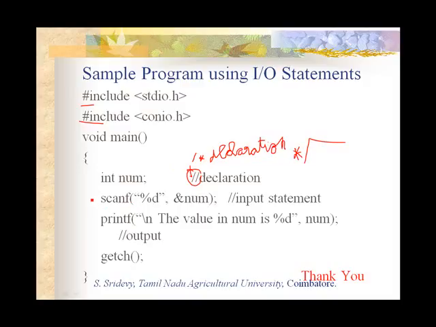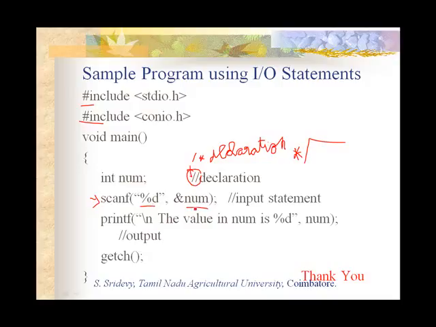The next one is the scanf statement. As I told you, this is the control string and the variable num, which is used to store the integer number. Since it is an integer variable, I made use of the control string %d, which specifies the format of the integer number.